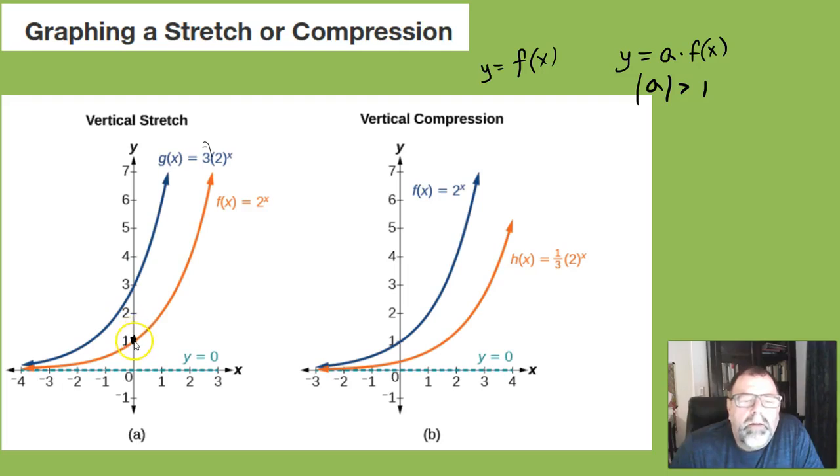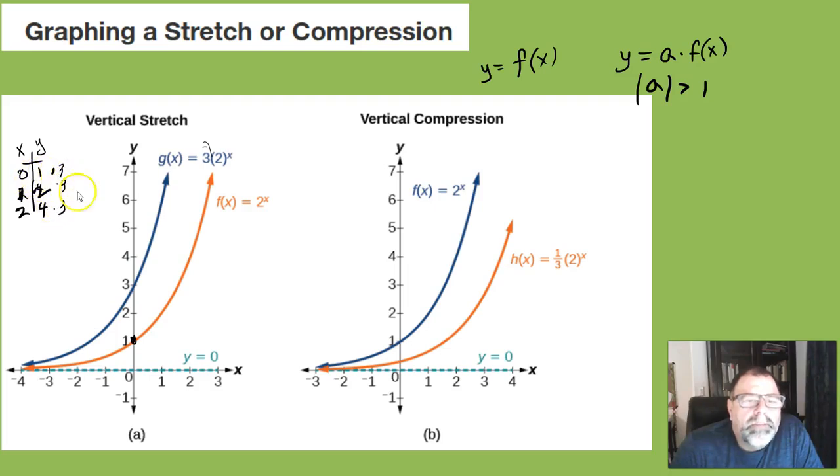So if we're at x, y, we have 2 to the x. So 2 to the 0 is 1. 2 to the 1 is 2. 2 squared is 4. Sorry. Okay, so then we're going to multiply those by 3.